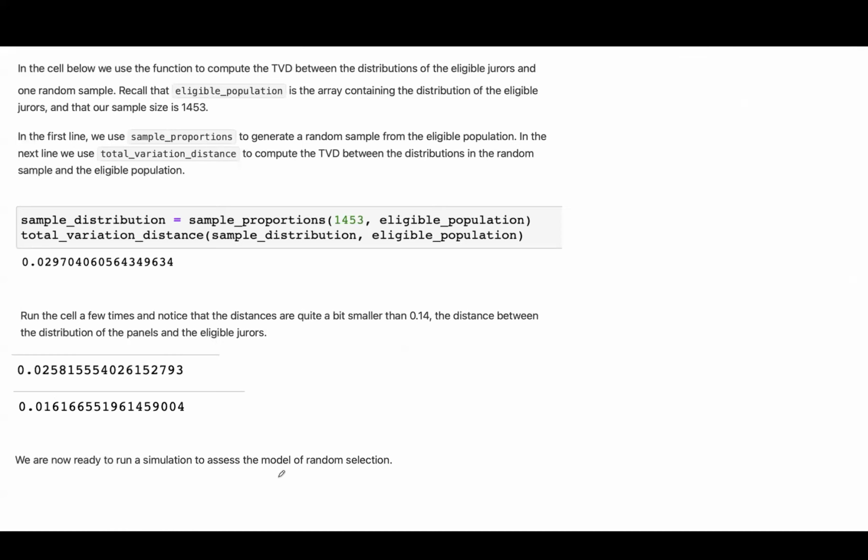You are now ready to run a simulation to assess the model of random selection. So let us simulate one value of the statistic. In the same way that we start every simulation, let's define a function, one_simulated_TVD, that returns one simulated value of the total variation distance under the hypothesis of random selection.